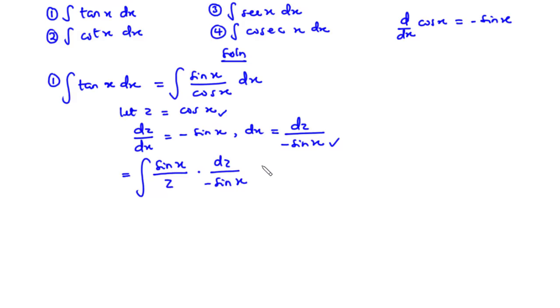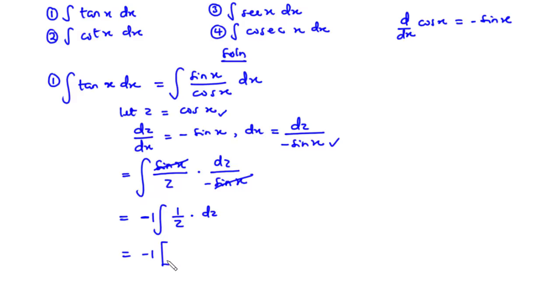Now basically what we are doing here is to write the integral, or express the integral in terms of z. So the next thing is we are going to cancel out sine x and then sine x, and then we are left with, we pull out negative outside, or better still we can say -1, and then we have the integral of 1 over z times dz.